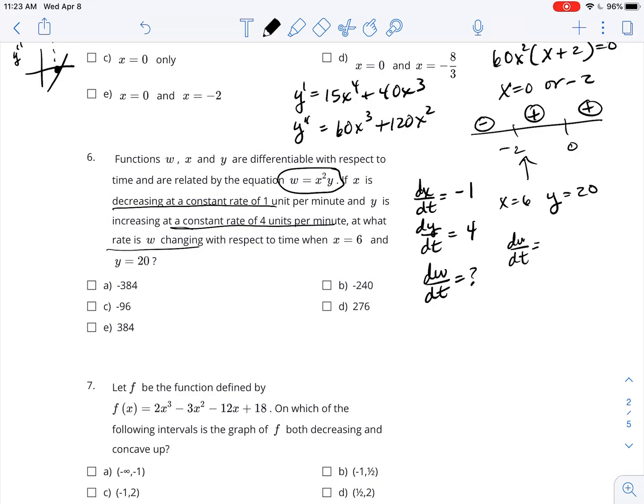So if I find the derivative of this function, dw/dt is equal to, and this is going to be the product rule. So derivative of the first times derivative of the second, plus the second times derivative of the first.